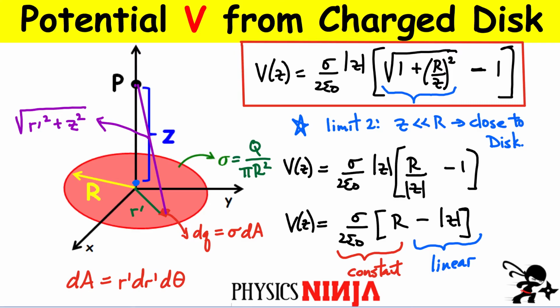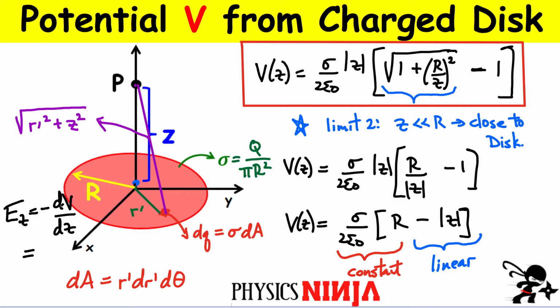Well, think about it. What if you wanted to evaluate what was the electric field? How would I evaluate the electric field if I'm really close to the disk? The electric field you should be able to write as the derivative of the potential with respect to my variable here, with respect to z. If you take the derivative, and let's just assume that here we're above this disk, so you don't have to really worry about the absolute value, the first term, if you differentiate it with respect to z, you get 0.